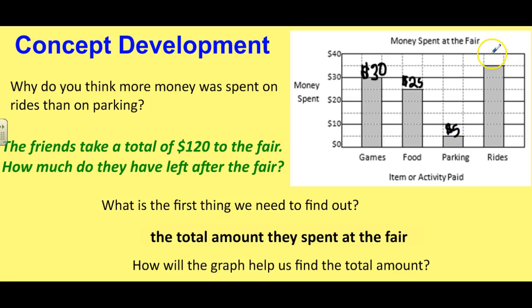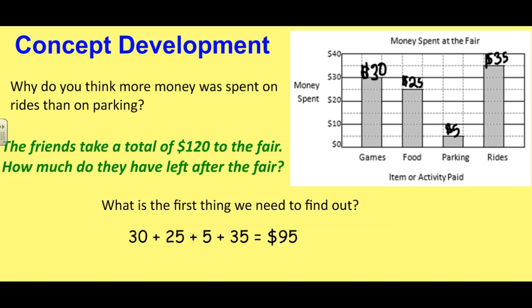And we know that for rides, they spent $35. So to figure out how much money they spent in all at the fair, we're going to have to add those four amounts together. So I want you to do that on your paper so we can figure out how much money they spent total, and then we can figure out how much money they have left whenever they leave the fair. So push pause, figure that out, and push play when you're ready to check it.